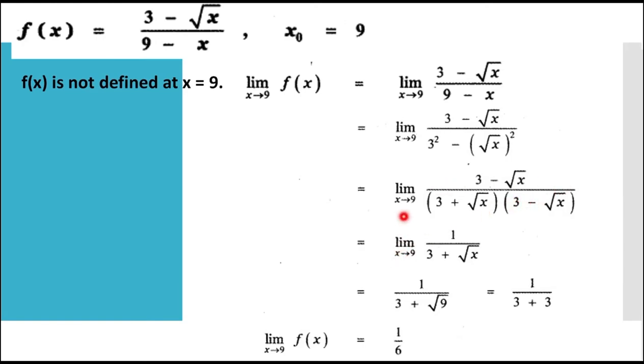So, it is equal to limit x tends to 9, 1 divided by 3 plus root x. So, we can apply the limit now. 1 divided by 3 plus root 9. What is root 9? It is also 3. So, 1 divided by 3 plus 3. So, limit x tends to 9, f of x is equal to 1 by 6.